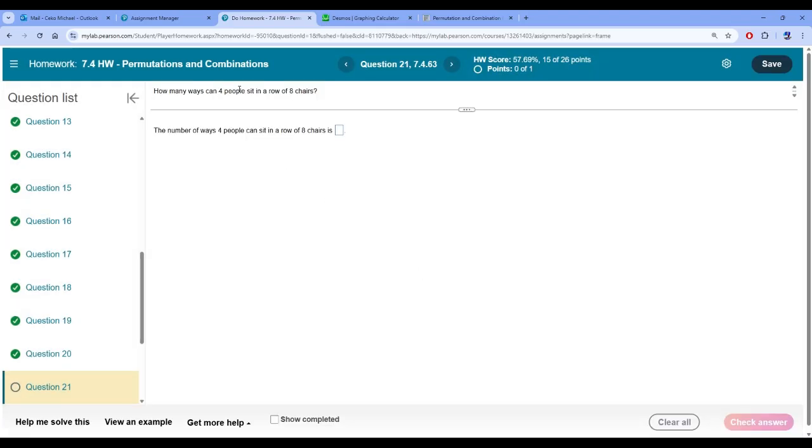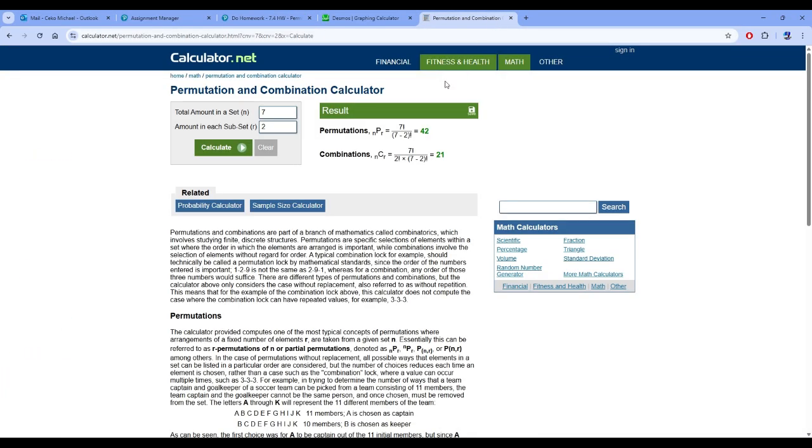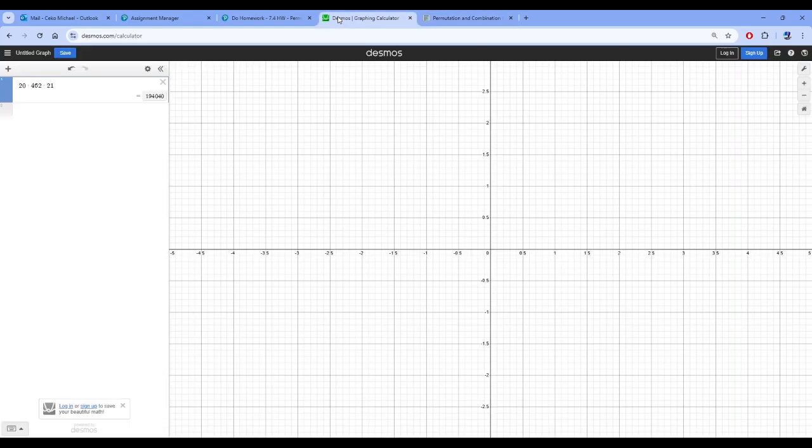The number of ways 4 people can sit in a row of 8 chairs. So I have 4. I'm going to pick 8.